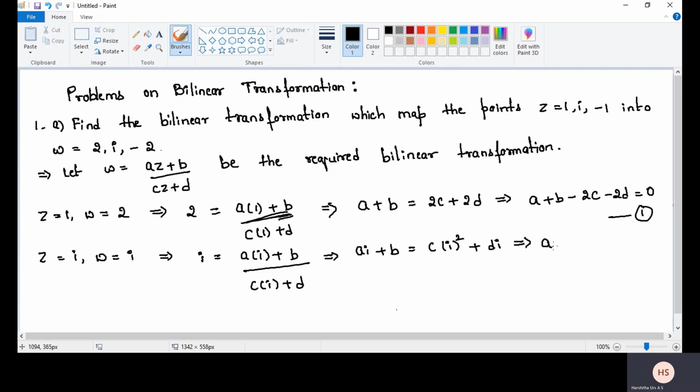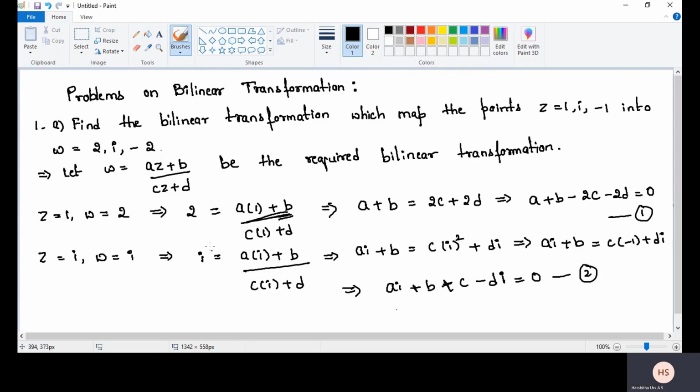That implies ai plus b is equal to c into minus 1 plus di, since i square is equal to minus 1 in the complex variable value. Let us shift the RHS side to the LHS side. We get ai plus b plus c minus di is equal to 0. This is equation 2.